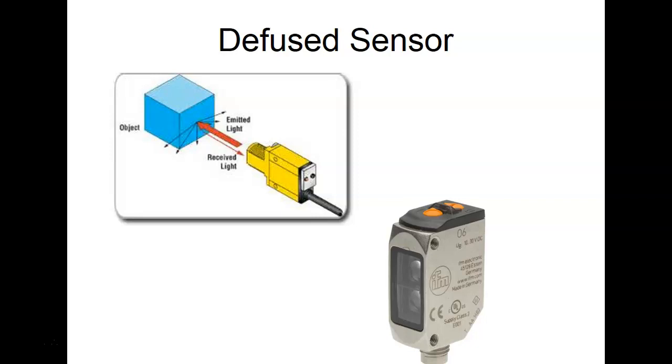Now, what would be the problem with these? The amount of light coming back would depend on the color of the object. The darker the object is, the less reflected light we would get back. And the brighter the object is, the more reflected light we would get back, right? That makes sense? So that would be the only problem.